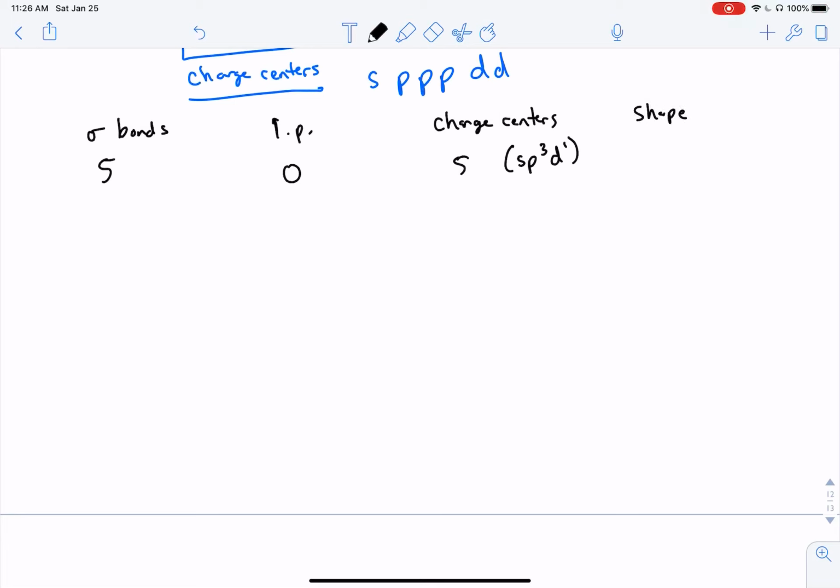And that shape, I'm going to draw it this way, even though it's kind of hard to see on the side because all the other shapes make more sense that way. This is trigonal bipyramidal. Okay? Because this Y makes a triangle, and then each triangle goes to this point and goes to this point.